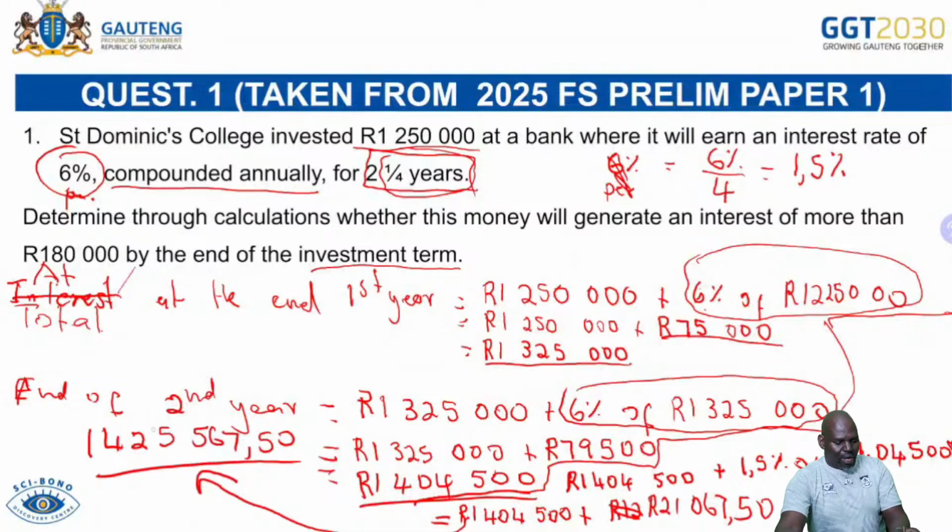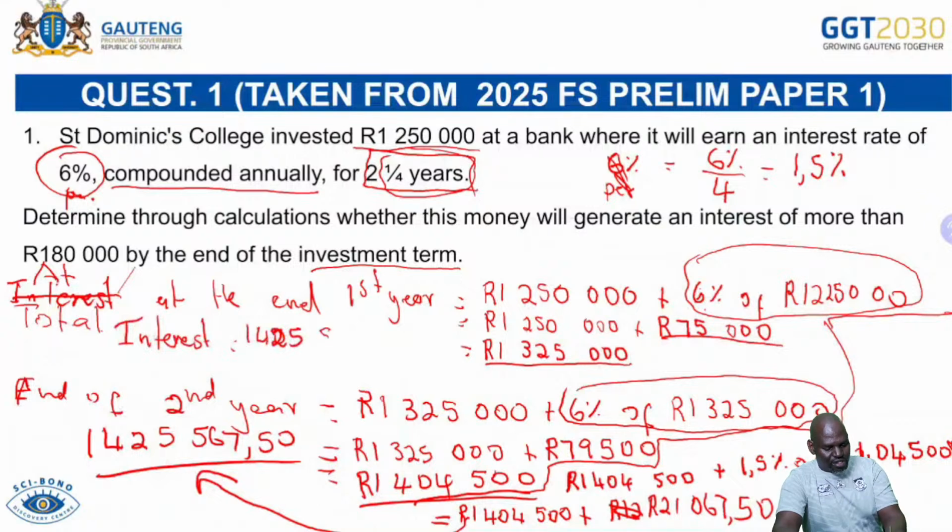Okay, but now they want to know, determine through calculation whether this money will generate an interest of more than. So the interest, I must now calculate the difference. The interest will be 1,425,567.50, and then I subtract the invested amount, which is 1,250,000.